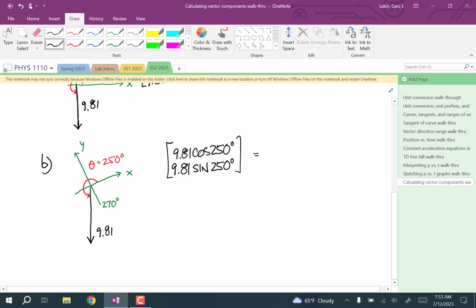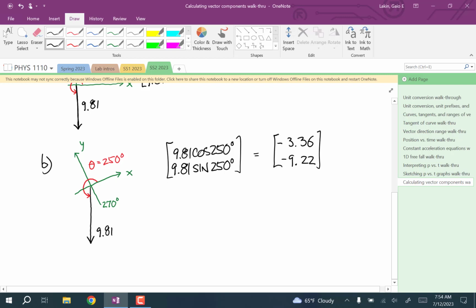And if I calculate that, I get negative 3.36 for the x component and negative 9.22 for the y component.